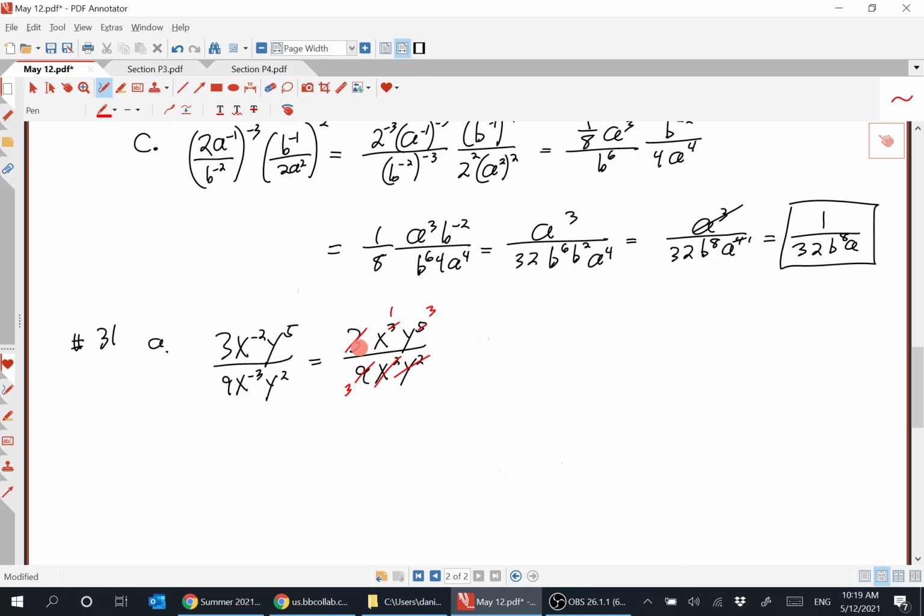Right? Same idea. This is 3, this is 3 squared. So there's 1 factor of 3 on the top, 2 on the bottom. So what we're left with on the top is just x y to the 3rd, sorry, x to the 1, y to the 3rd, over, and everything on the bottom is gone except that 3.